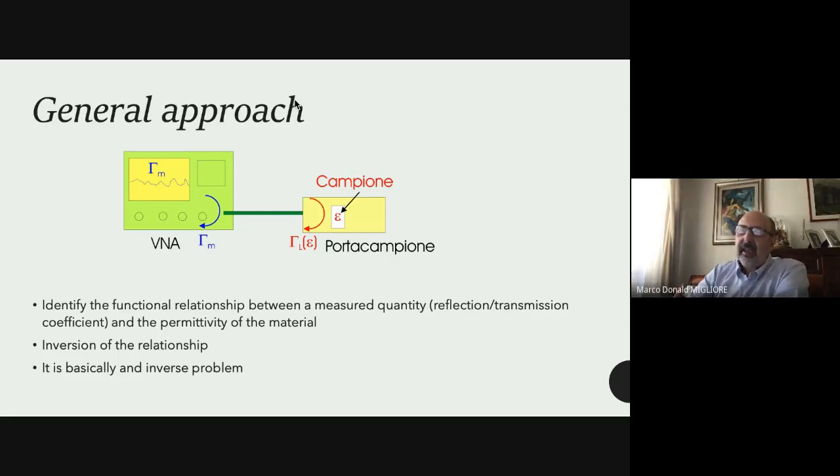No mathematical trick can substitute good measurements. And we are lucky because there is a device, the vector network analyzer, that is able to measure transmission and reflection coefficient with very high accuracy.